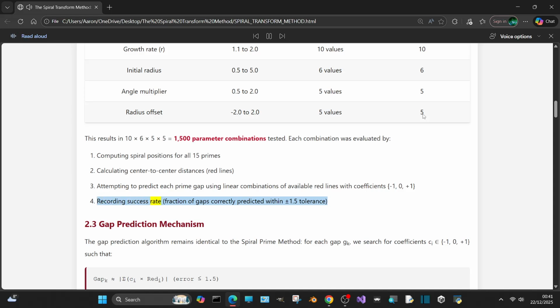Success rate was recorded as the fraction of gaps correctly predicted within plus or minus 1.5 tolerance. 2.3 Gap prediction mechanism. The gap prediction algorithm remains identical to the spiral prime method. For each gap g_k, we search for coefficients c_i in -1, 0, +1 such that gap is approximately the sum of c_i times red_i, with error less than or equal to 1.5.